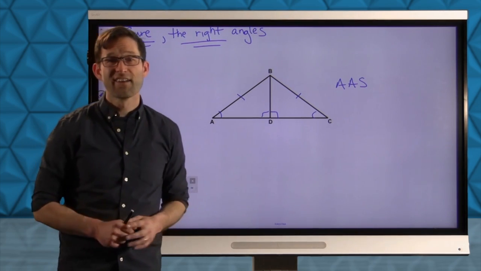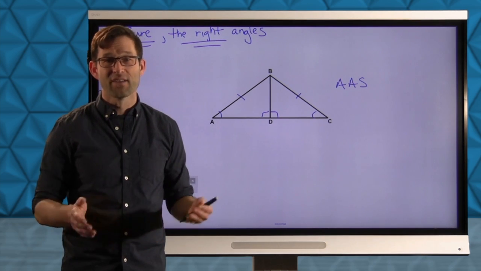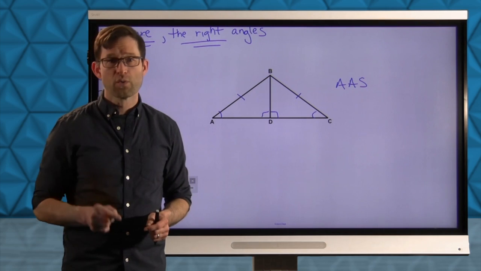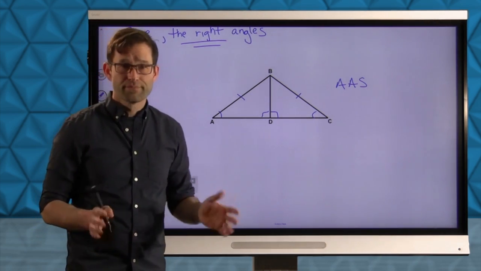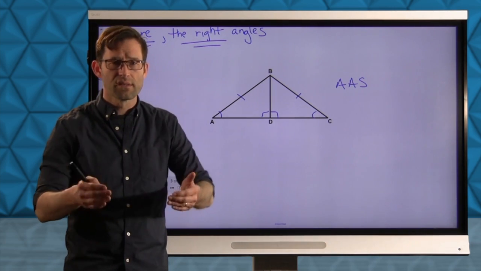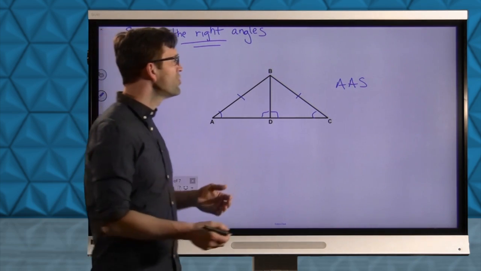So we go back to angle, angle, side. If you remember something from the last lesson, angle, angle, side then goes back to angle, side, angle. But no worries, because remember, once we prove it, we can use it. So what we've now proven, because this can kind of get confusing in terms of the way all the logic gets nested inside of each other, is that we can take any two right triangles.